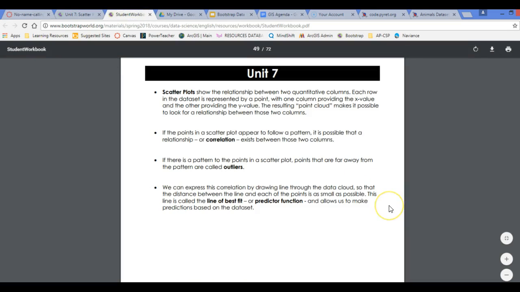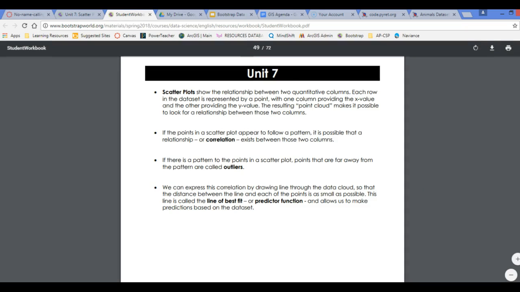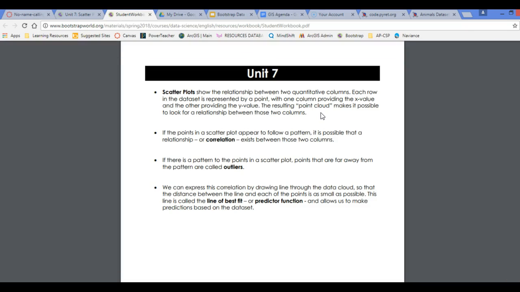Which looks like this. So Unit 7, we're talking about scatter plots, and we have already talked a little bit about it, but just to review, a scatter plot shows the relationship between two quantitative columns. So that means we're dealing with numeric columns of data. Each row in the data set is represented by a point, one column providing the x value and the other providing the y value.